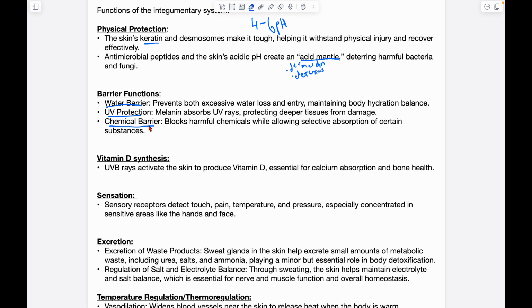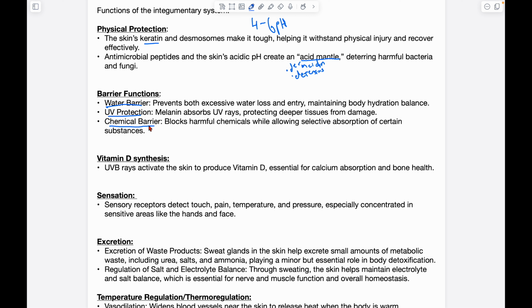So next we're going to be discussing UV protection, and the skin contains melanin, which essentially absorbs and blocks a portion of UV rays, and this helps protect cells from DNA damage and also prevents the growth and spread of cancers. Okay, finally we're going to discuss the chemical barrier.